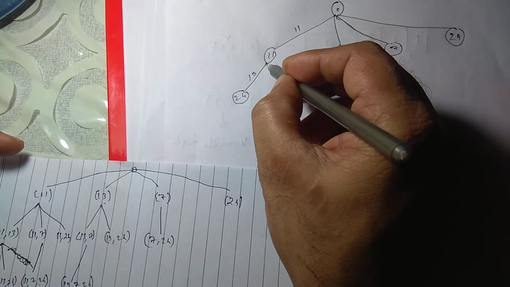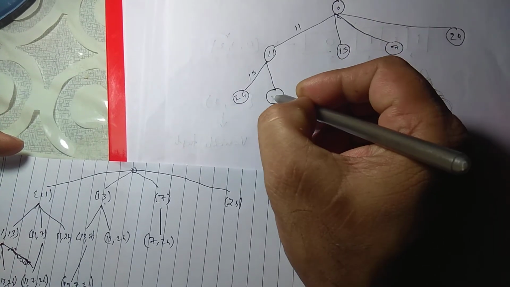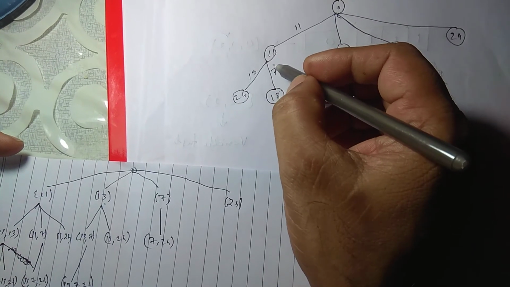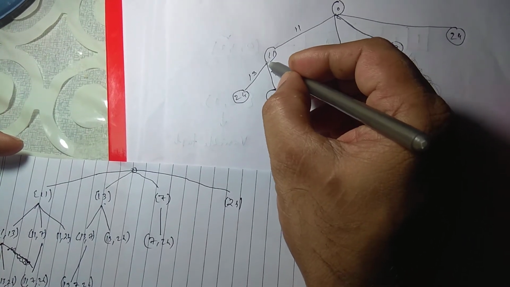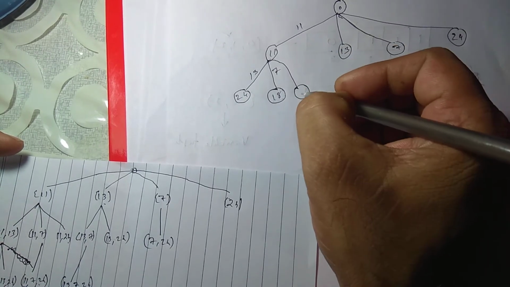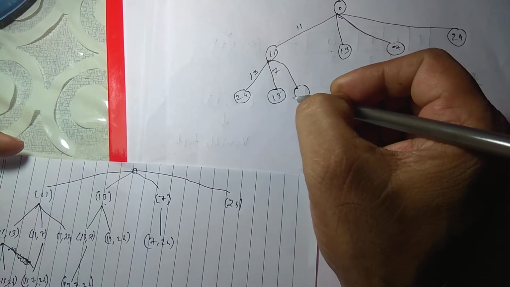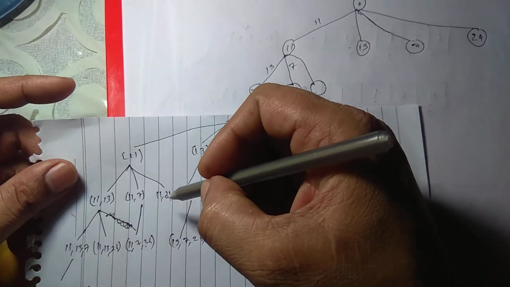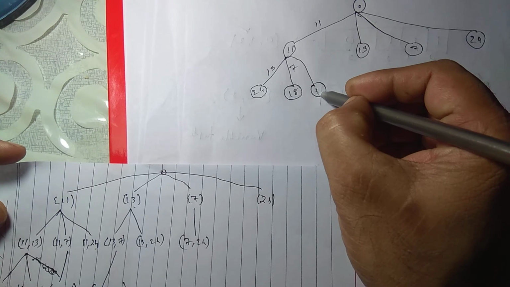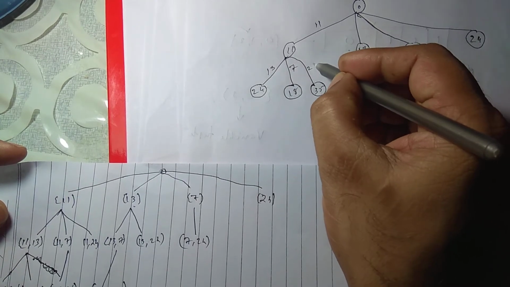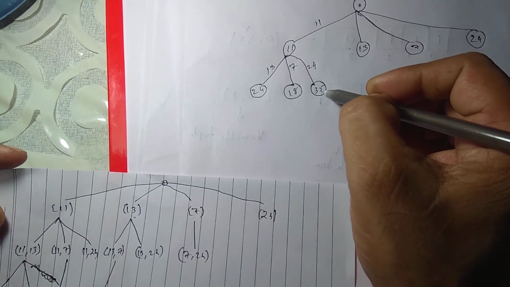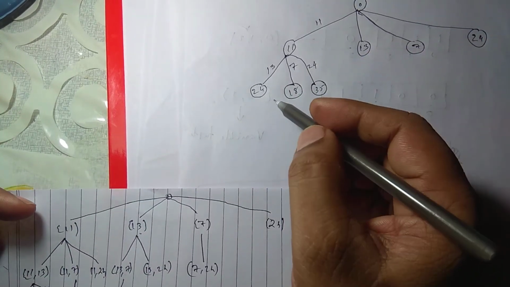Then next node will be 18, that is 11 plus 7. Then next node will be 11, 24. So it is 35, that is 11 plus 24.